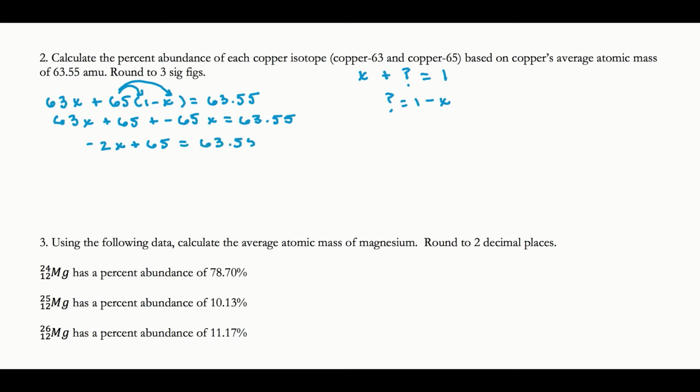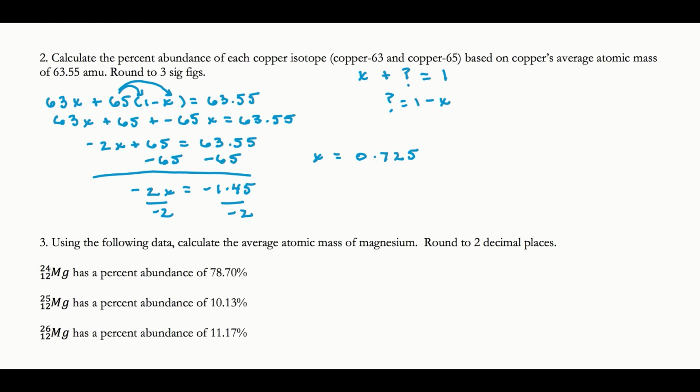I'm going to subtract 65 from both sides. Okay, so what I get here is that negative 2x equals negative 1.45. I'm going to divide both sides by negative 2 now. And so the value that I get for x is 0.725.